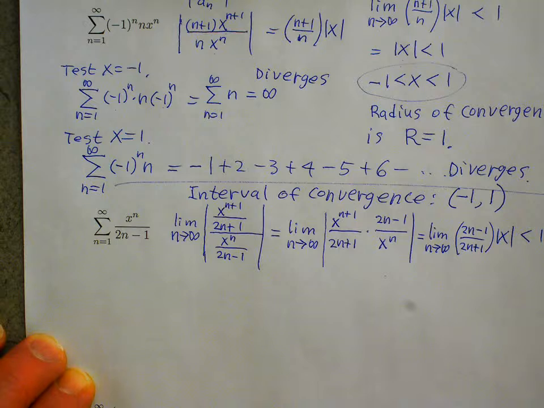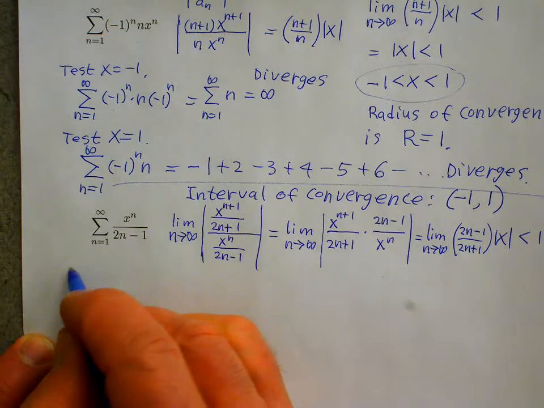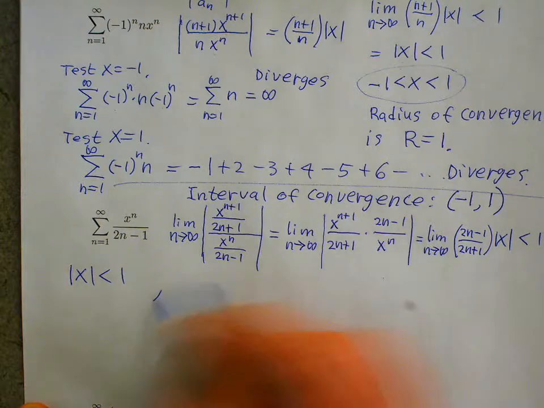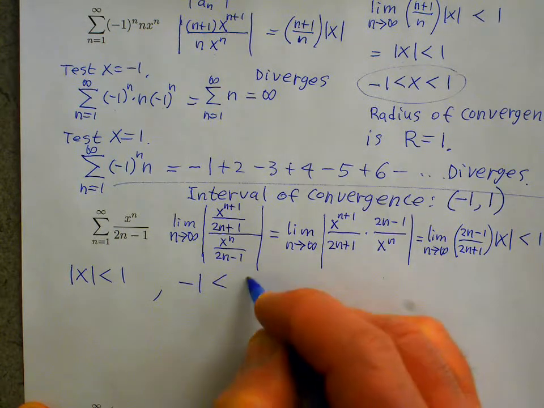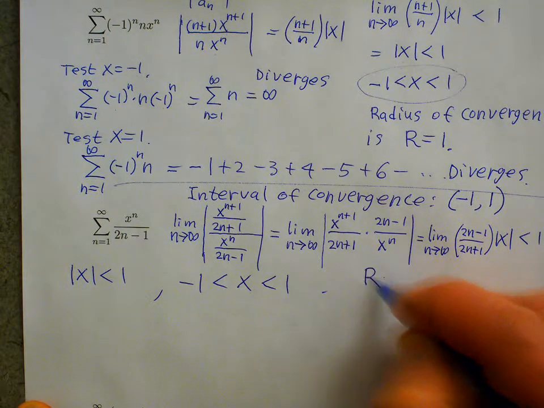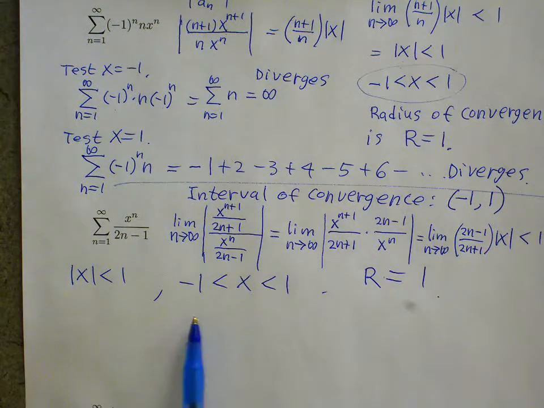So you get 2 minus 1 over n divided by 2 plus 1 over n, and as n approaches infinity, that expression approaches 2 divided by 2, which is 1. So the value of the limit then is the absolute value of x less than 1 again, which means -1 is less than x, which is less than 1. Okay, so the radius of convergence is 1 again, but we have to test the endpoints individually.